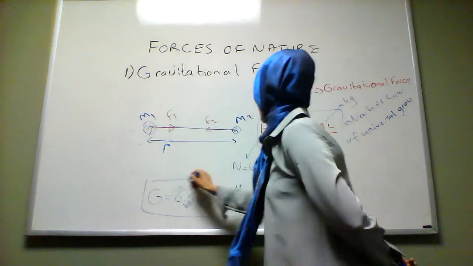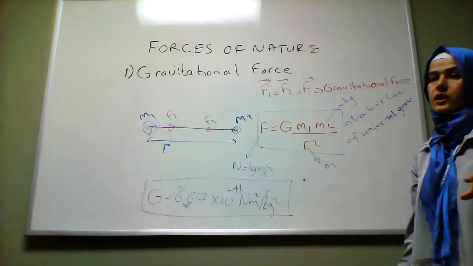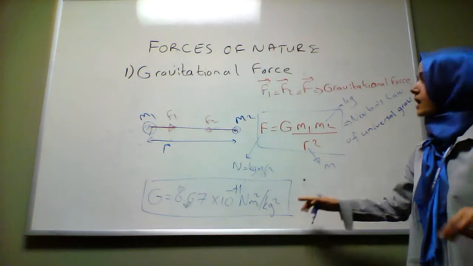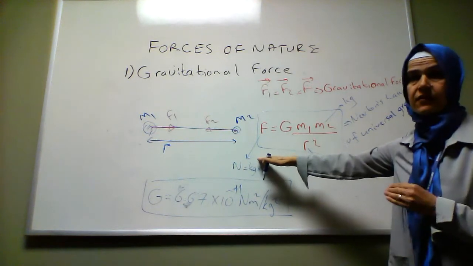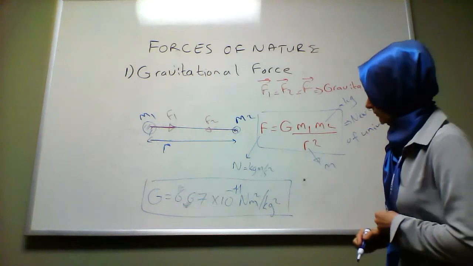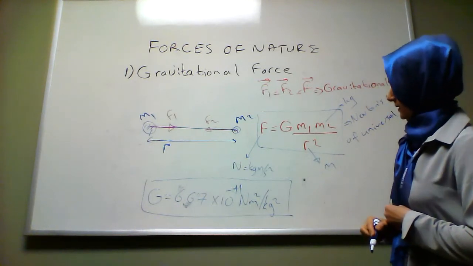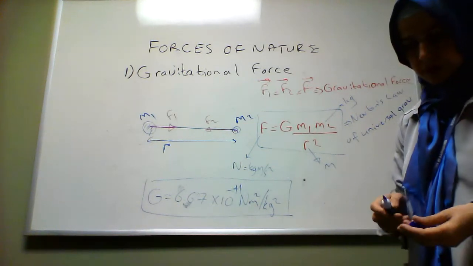So as we are solving for gravitational force between two objects, this is the constant we need to use. When we use all the MKS units, what we're going to end up with as a force will be Newton. That's it. Let's now do some examples.